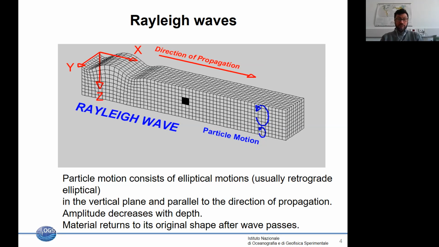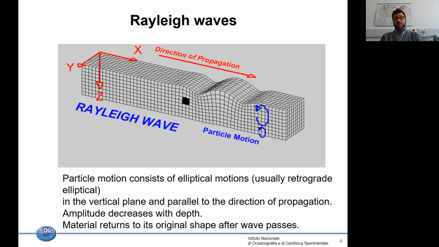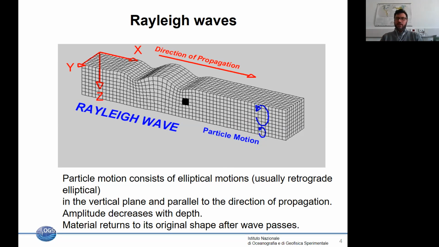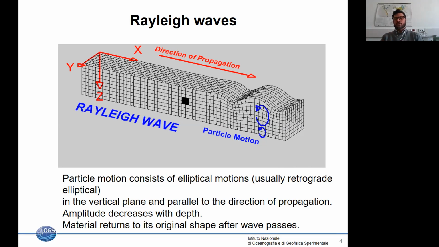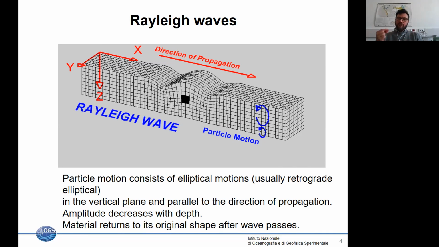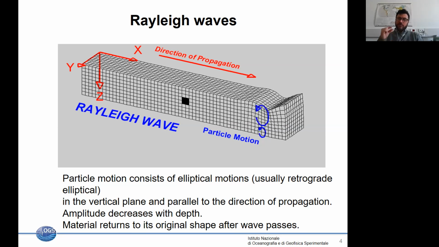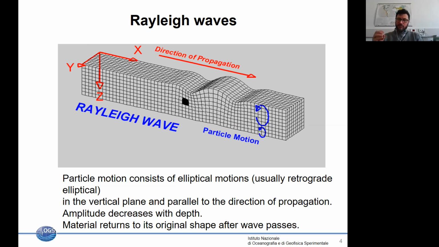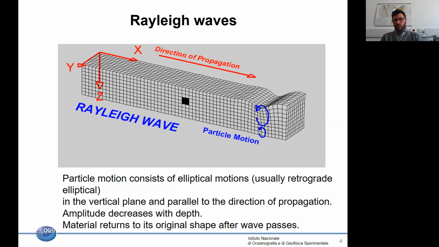And this effect, that we will see several times during the course, is due to the fact that longer wavelengths penetrate deeper into the Earth's interior, where the velocity is generally larger, and therefore propagate with higher average velocity than the high frequencies, which have smaller wavelengths and propagate close to the surface, where the material has lower velocity, and therefore propagate with a lower velocity. And this effect is called dispersion.